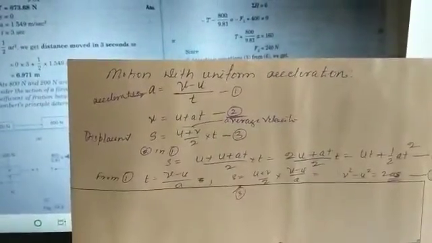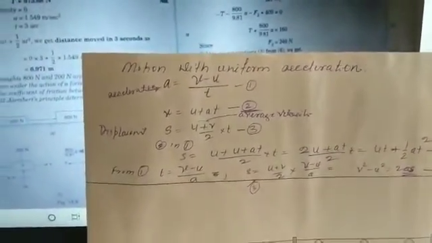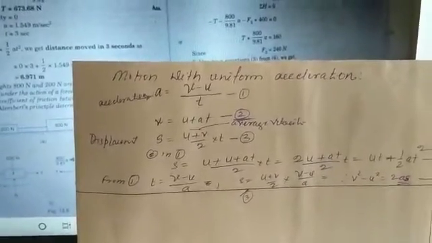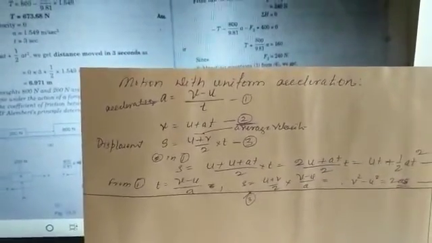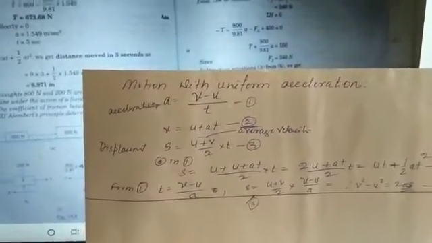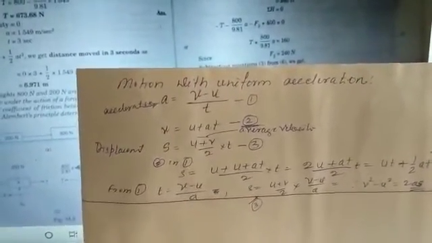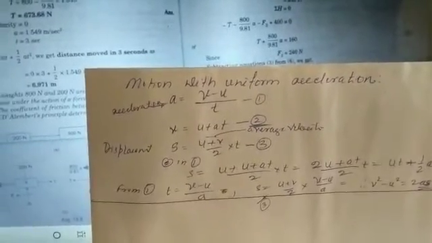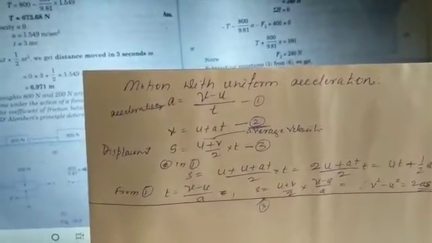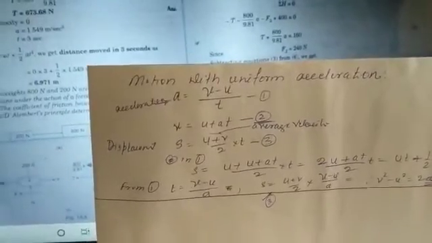That is called the acceleration. So that is equation 1: a, the acceleration, is equal to v, the final velocity, minus u, the initial velocity, by t. So that gives the acceleration, and I can rewrite that equation as shown in equation number 2, that is v equal to u plus at. It is a standard equation.